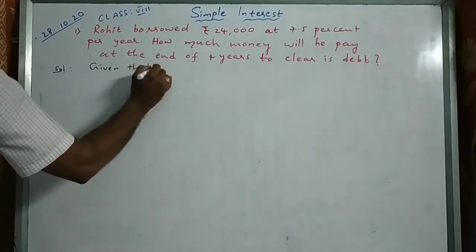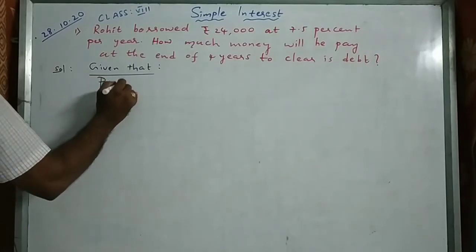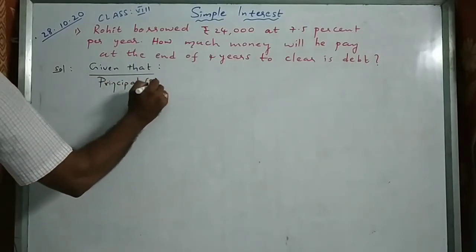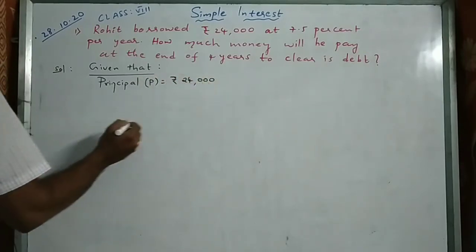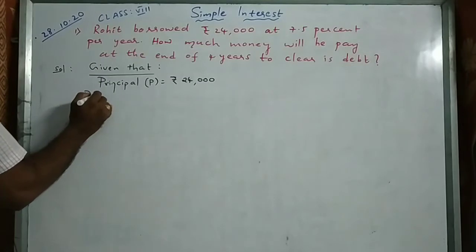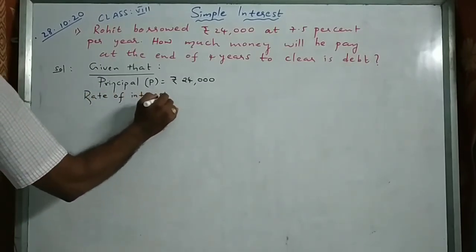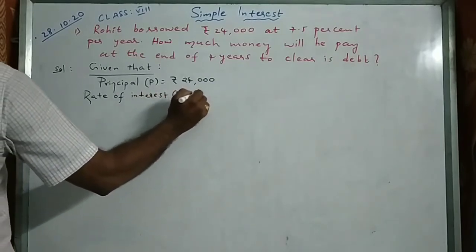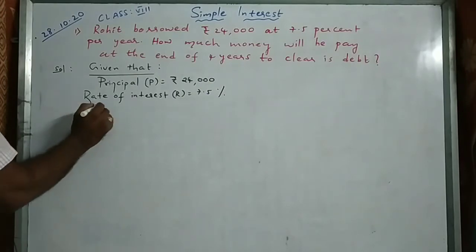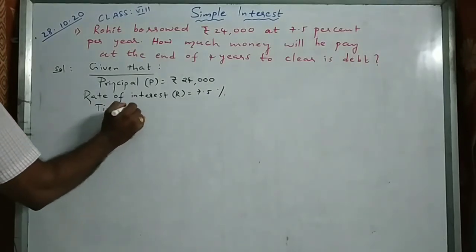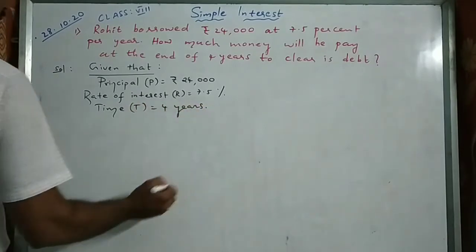Given that principal amount is given, rupees 24,000, rate of interest R equal to 7.5%, time T equal to 4 years. So everything is there, right?